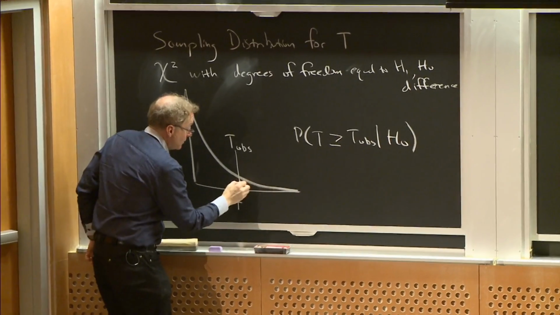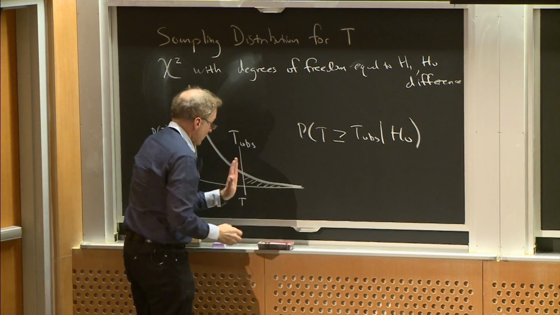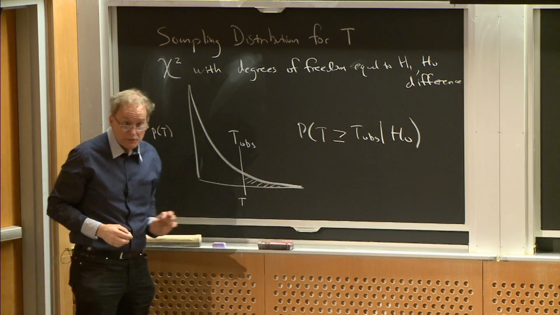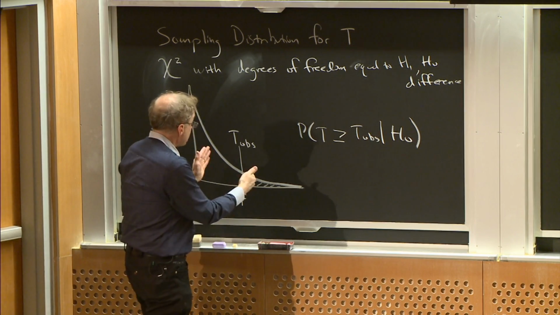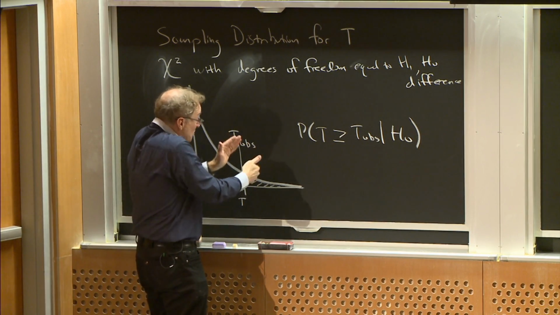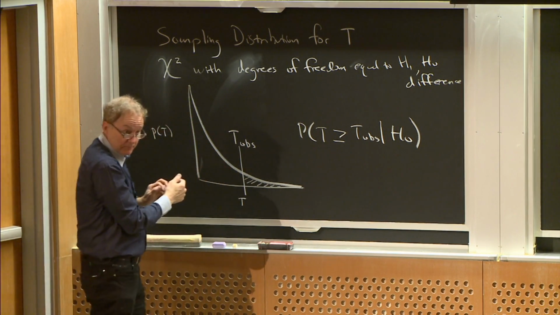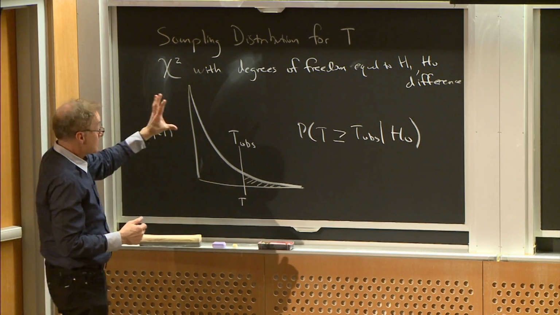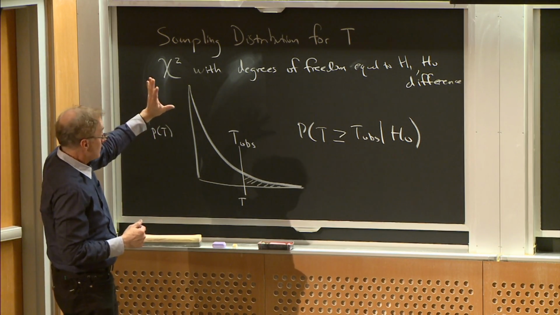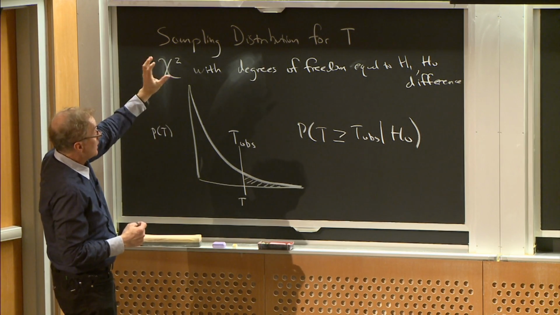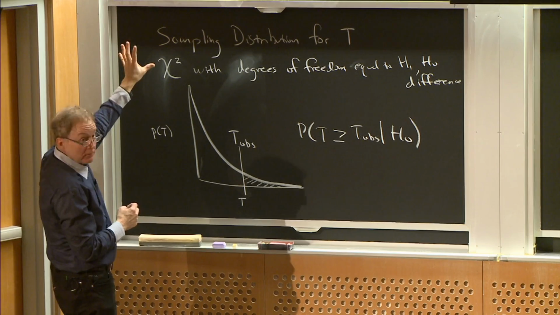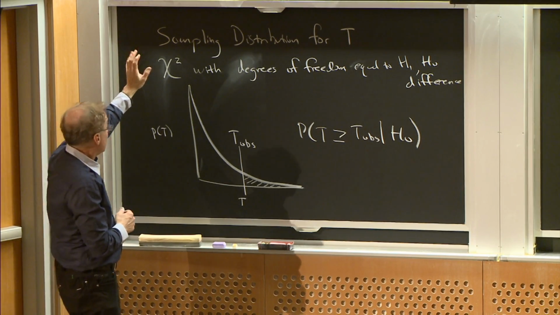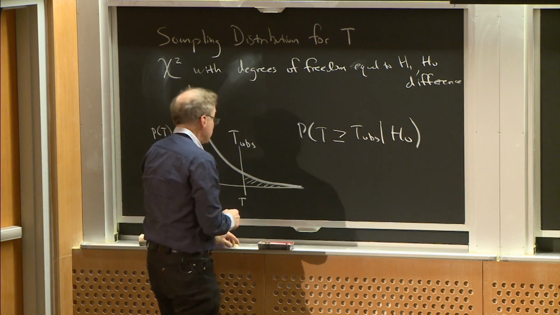Which means that we're going to consider all of the tail of this distribution, because we want to also consider the case where t observed was even greater than what we saw. And this gives us a way of computing the probability that H0 is true given the test statistic. And this gives us our p-value.